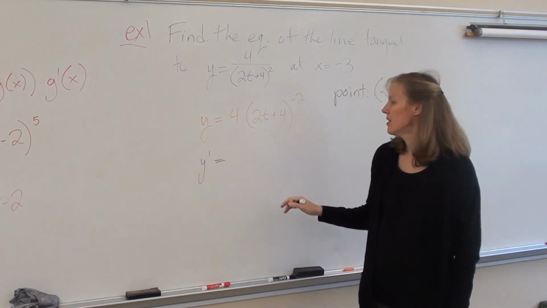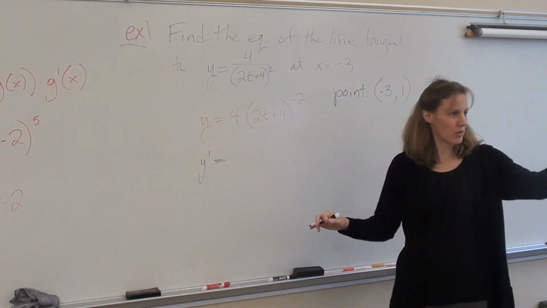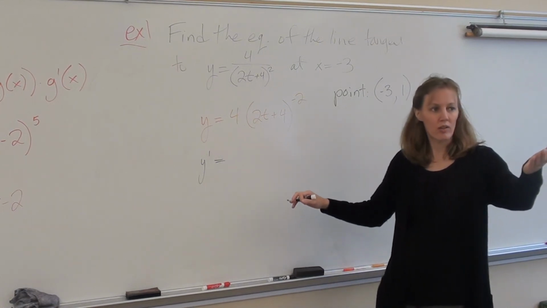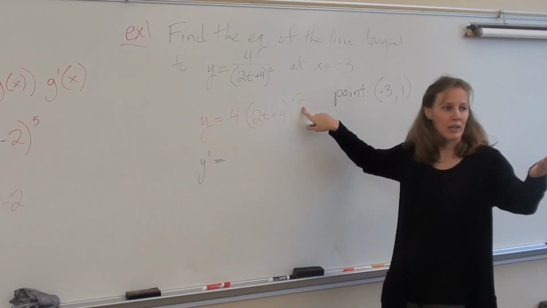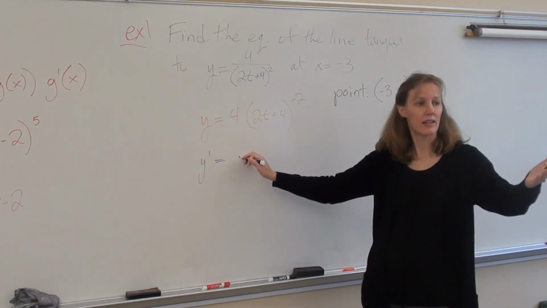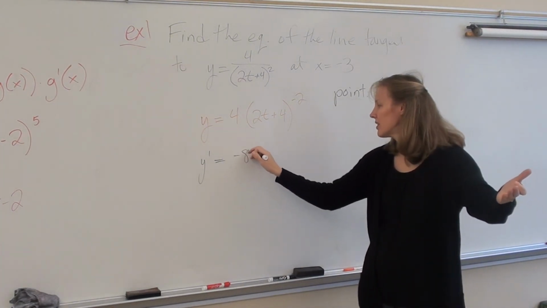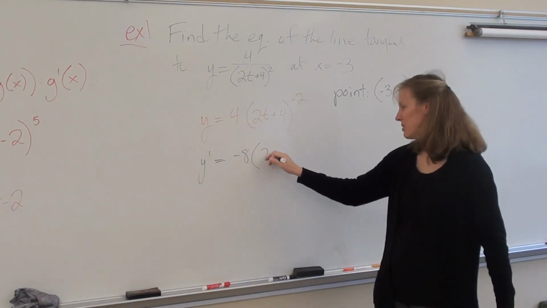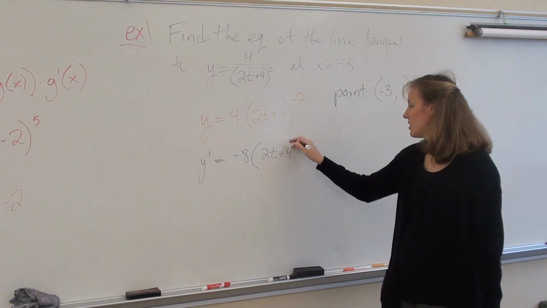Use the chain rule. Walk me through. I need someone to walk me through. Awesome. Okay, so what do I do next? Negative 8. What's the argument? 2t plus 4 to the negative third.